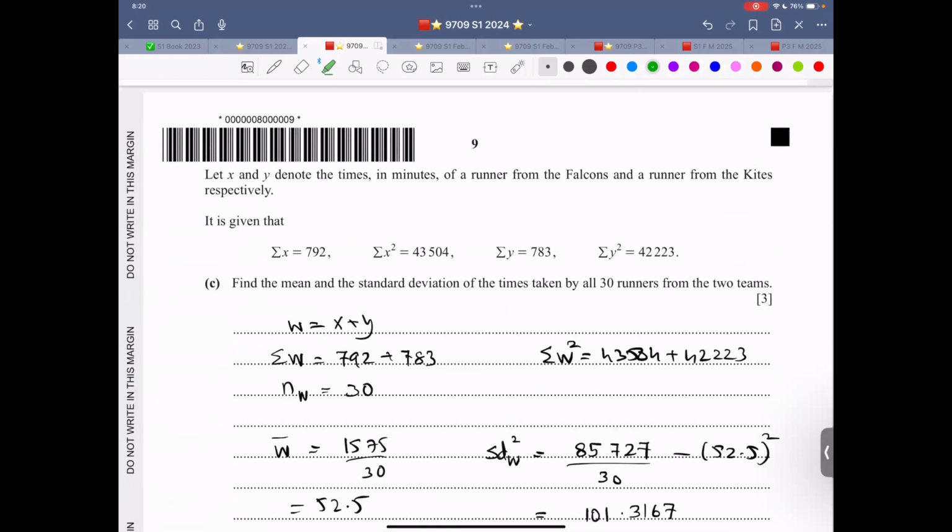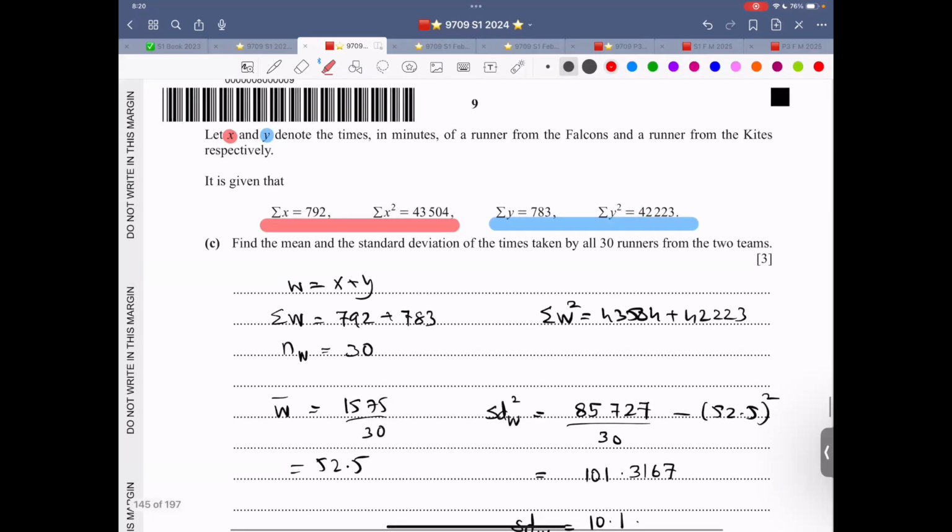It says let X and Y denote the times for Falcons and Kites. So X is for Falcons. I think Falcon was red and Kites was blue. And this is the information for the Falcons. This is the information for the Kites. Sigma x squared, sigma y squared. Find mean and standard deviation of the times taken by all 30 runners from the 2 teams.